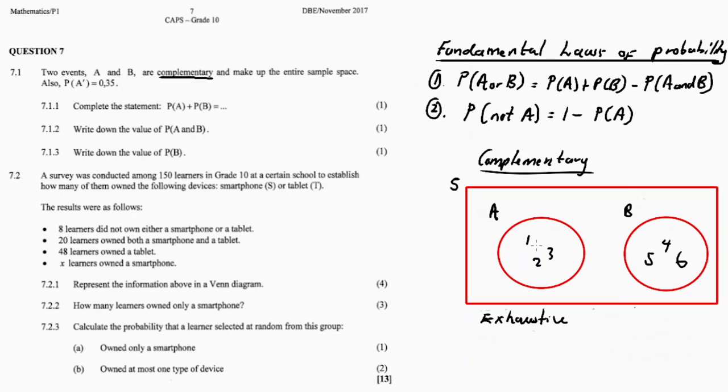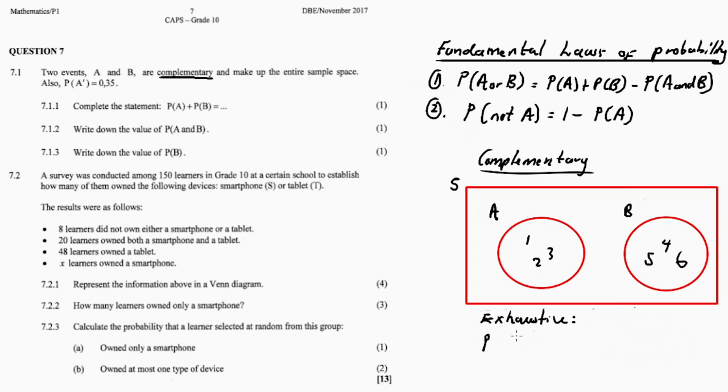In this sample space there are 6 items, A has 3 and B has 3, meaning A and B take everything from the sample space. Everything in the sample space is either in A or in B. There's nothing outside, right? So that's what they mean by exhaustive events.